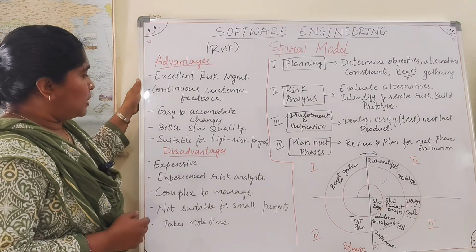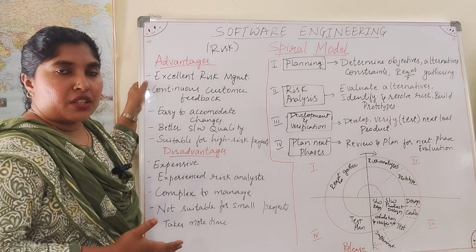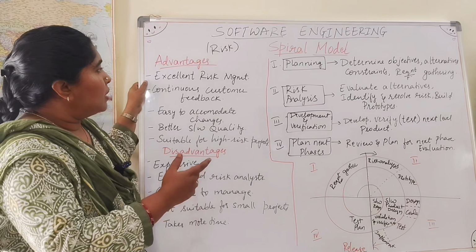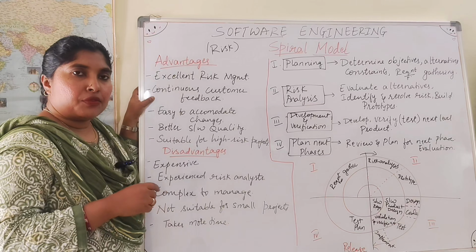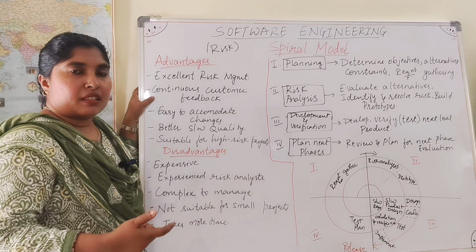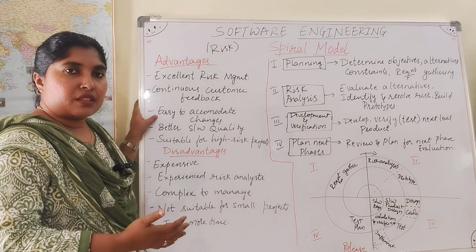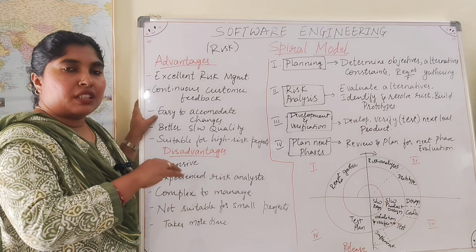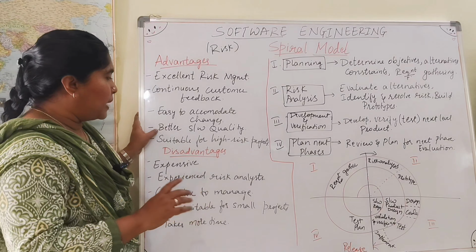Coming to the advantages and disadvantages: risk will be managed effectively, and we take customer feedback and reviews that will improve the software, and it is easy to accommodate changes. Whatever changes the customer suggests can be incorporated in the next cycle or the next spiral.